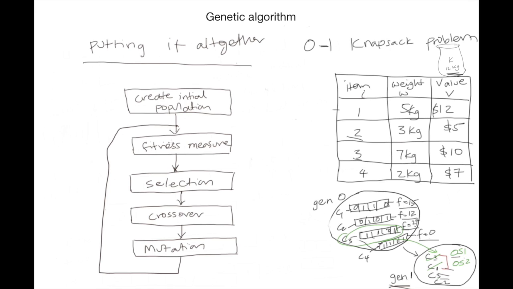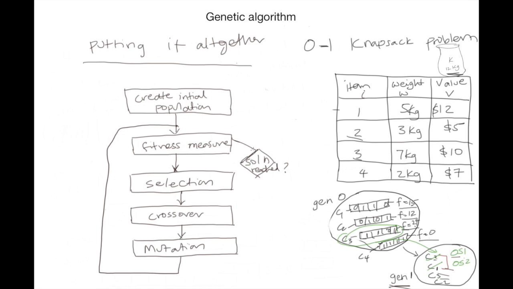Of course, we can modify it slightly. After the fitness measure, we don't want to be doing this forever. So what we want to do is check if the solution has been reached, whatever we are looking for. It could be the number of generations we allow GA to run, or the specific value of fitness we are looking to find.